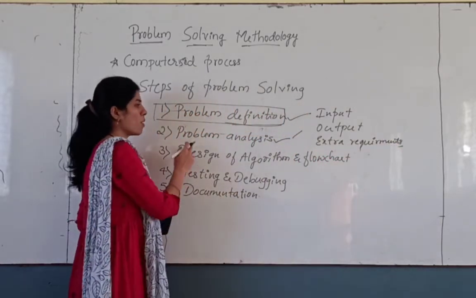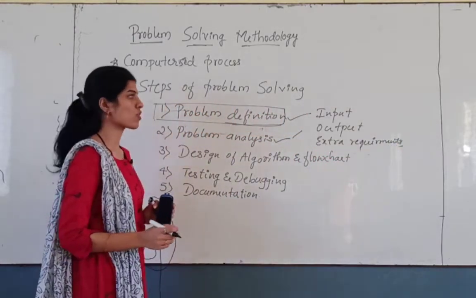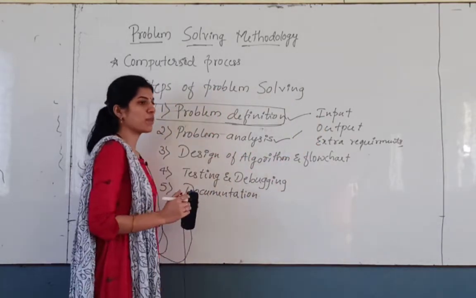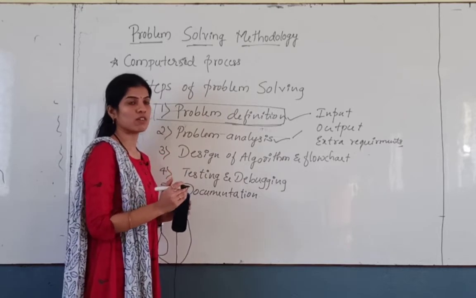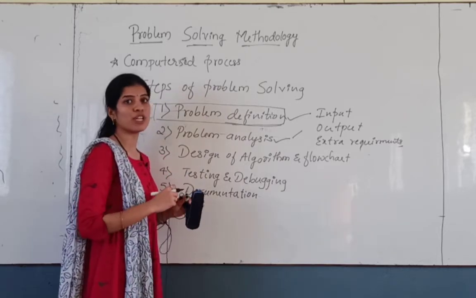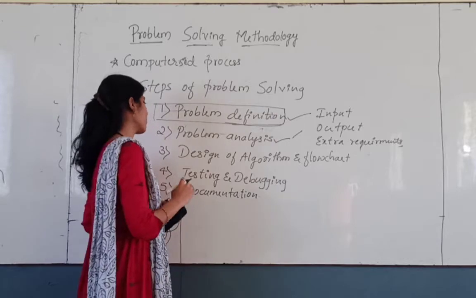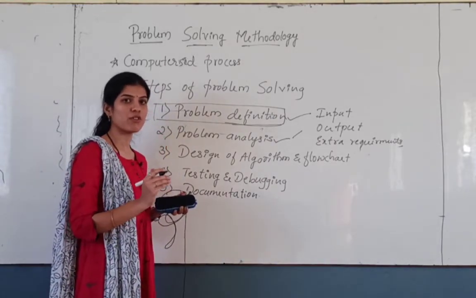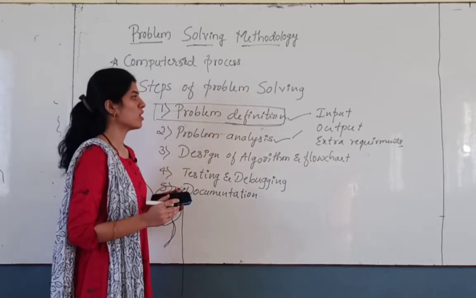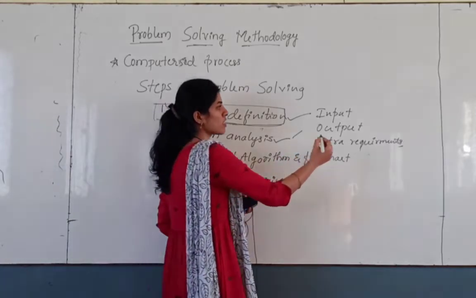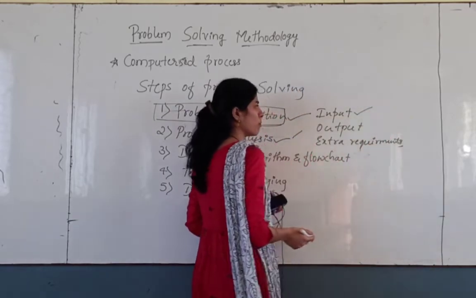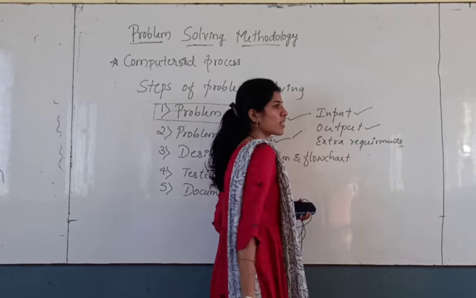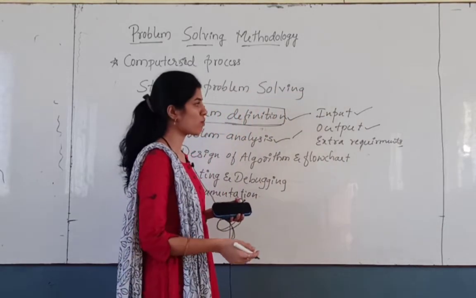This problem analysis step mainly focuses on the input, meaning what type of data we have to work with. If you give the raw data, then only the process will continue, then only you can solve the problem. So it focuses on what kind of raw data it will be. Next, the output is the resultant information or answer.